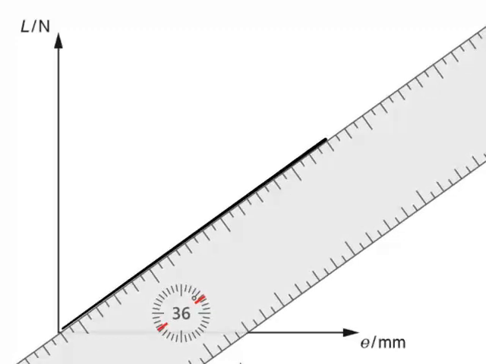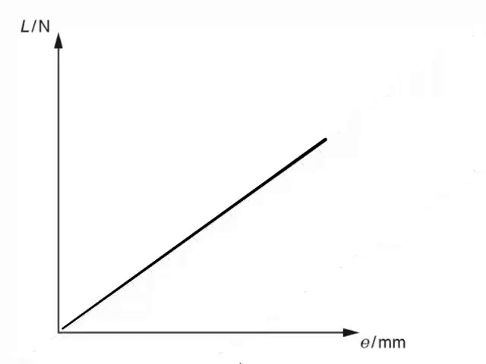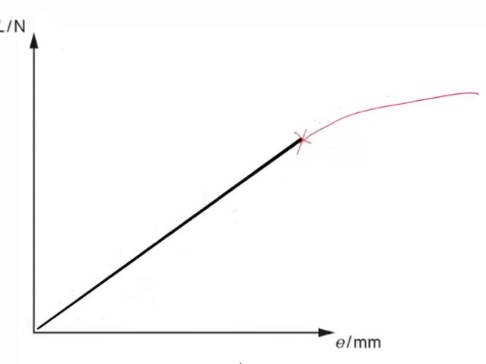Normally the graph of L against E, the length against extension, at the end you will have a limit of proportionality. However, in this experiment there is no limit of proportionality, so basically it's just a straight line.